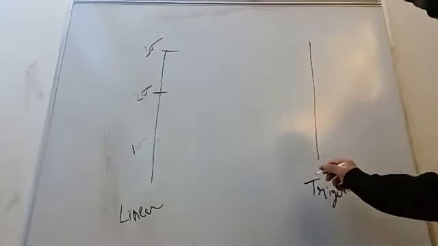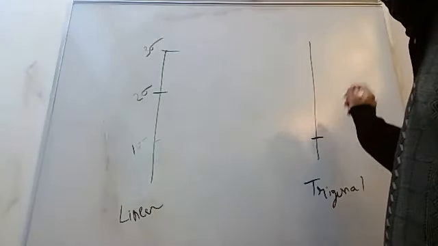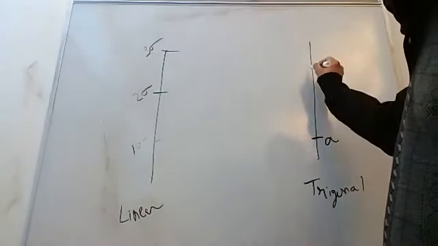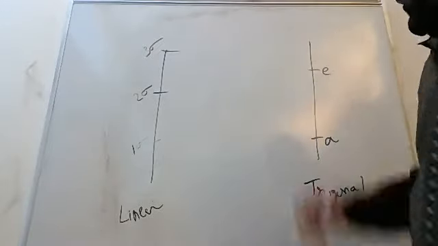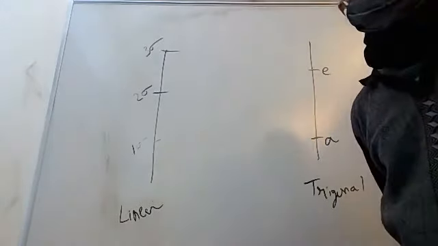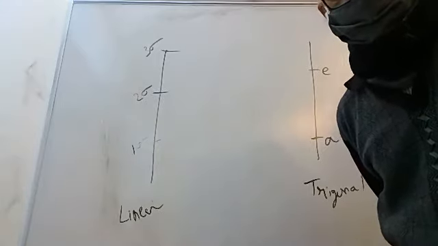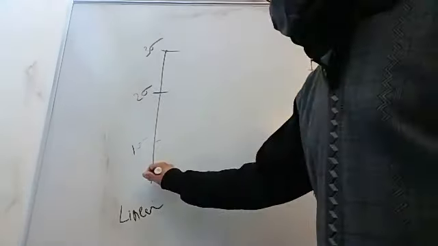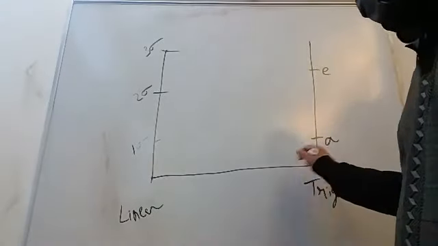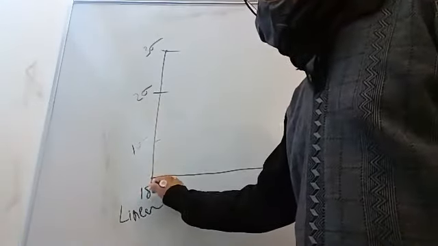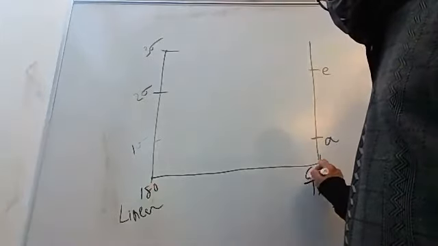In the trigonal, we have only 2 states. One is A, the other one is E. Right? Now, from linear to trigonal, we said for linear, the bond angle is 180 degrees, and for trigonal, it is 60 degrees.